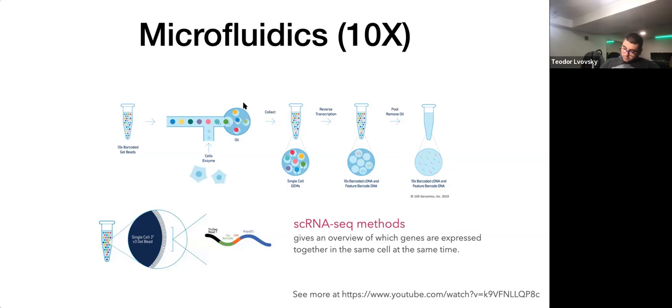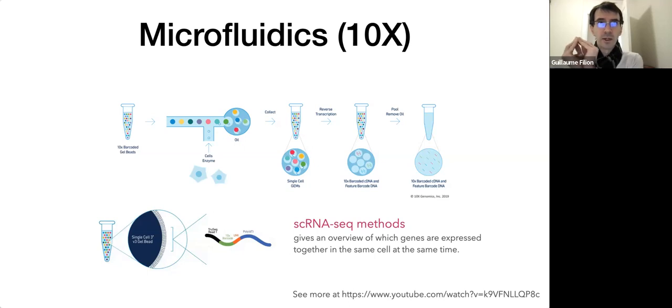And so at that stage here, you've got an oil ocean, and you've got tiny bubbles of water in that ocean. And many of these bubbles contain a cell, and they contain only one cell in that little bubble. And the point, the genius of this method is that in that bubble, the cell is isolated from every other cell. So they're going to do the whole RT-PCR, no kidding, the whole RT-PCR in that bubble.